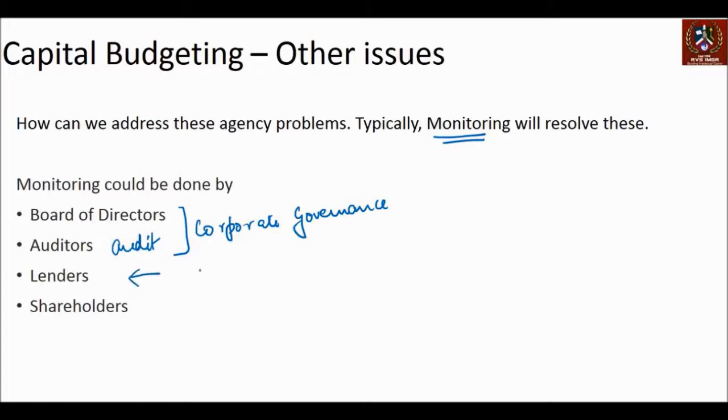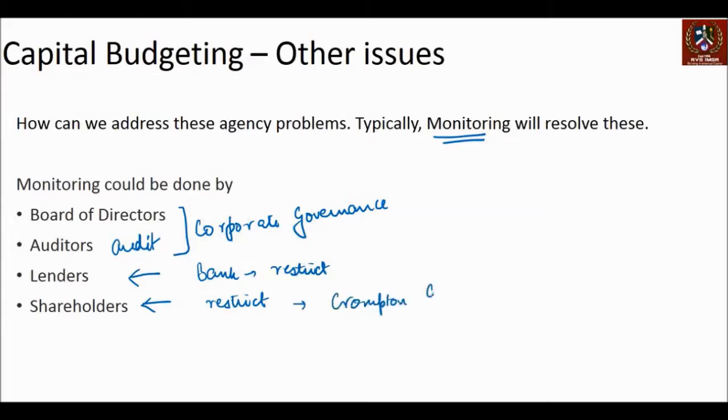Sometimes lenders will do monitoring. If you have loaned out money, the bank might restrict certain transactions, saying how will you pay my loan back. Similarly, shareholders might sometimes restrict things. Recall in our financial statement analysis course, there is an example of Crompton Greaves.